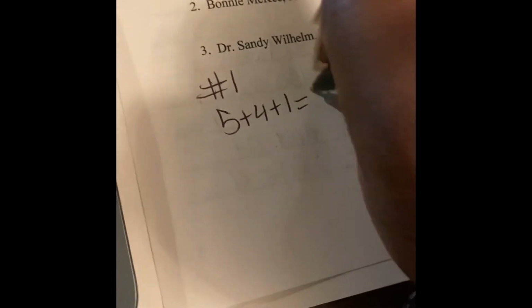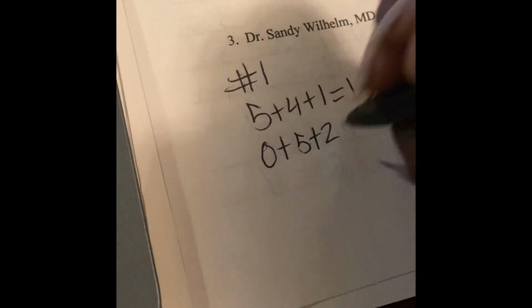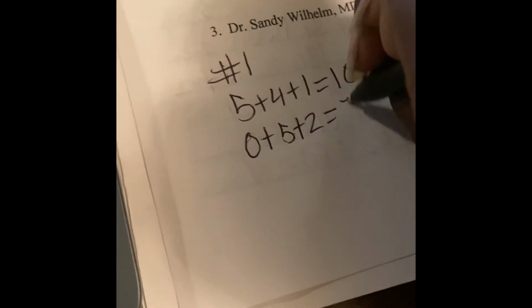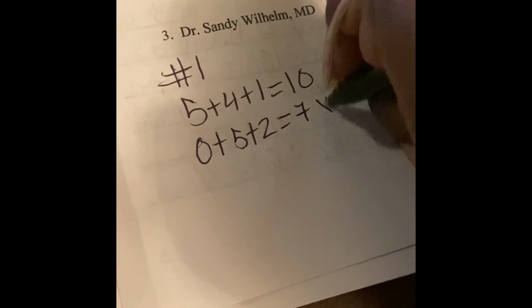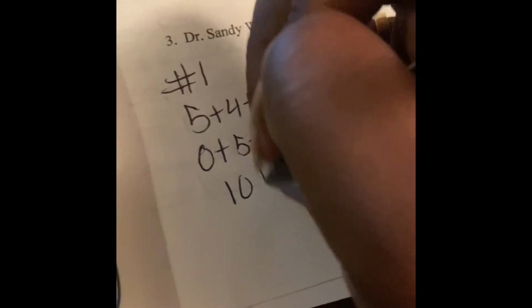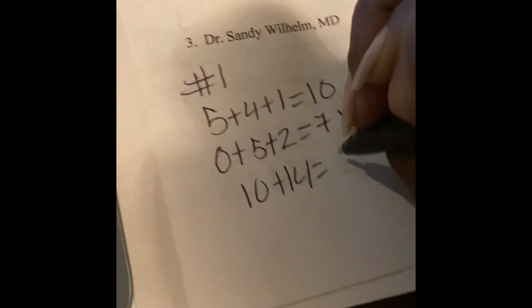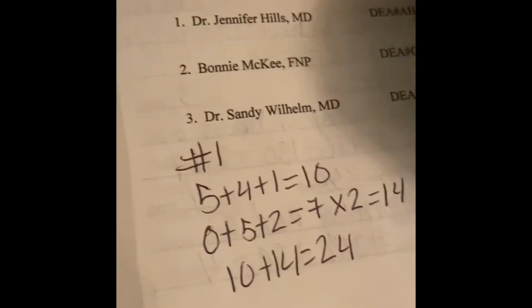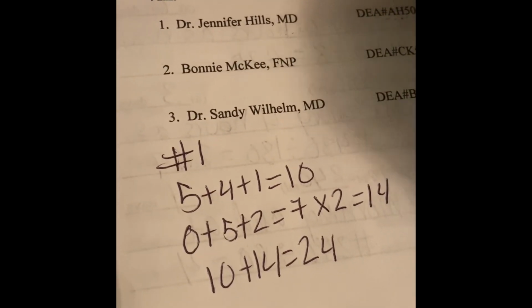So how we will do number 1 is 5 plus 4 plus 1 equals 10. 0 plus 5 plus 2 equals 7. Multiply the 7 times 2, which equals 14. 10 plus 14 equals 24. So you know this one is wrong. That should be a 4.